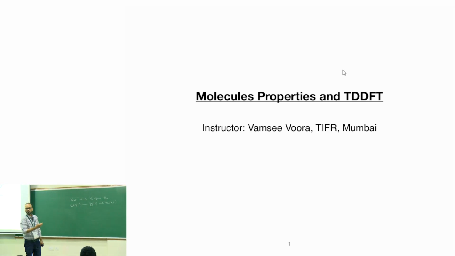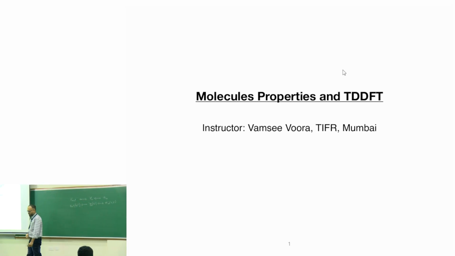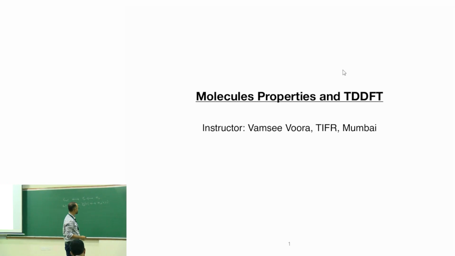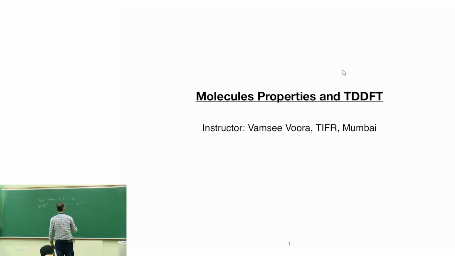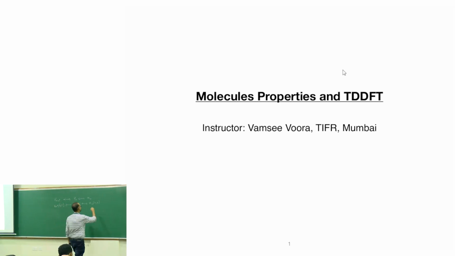That some of these things are also invertible, so you can invert them. Again, the existence is not clear. There is no proof of existence anywhere about these external potentials. And once you have the densities, you can construct your Kohn-Sham systems, so you can construct your Kohn-Sham potentials.